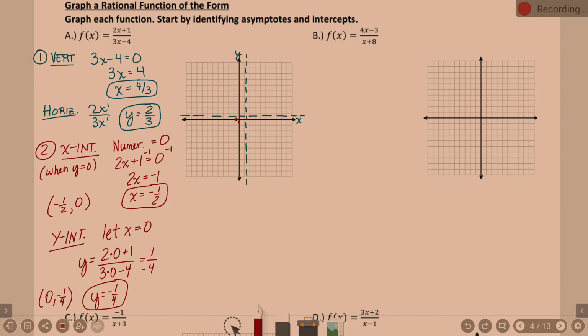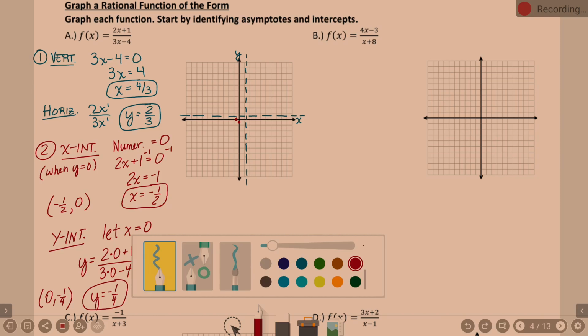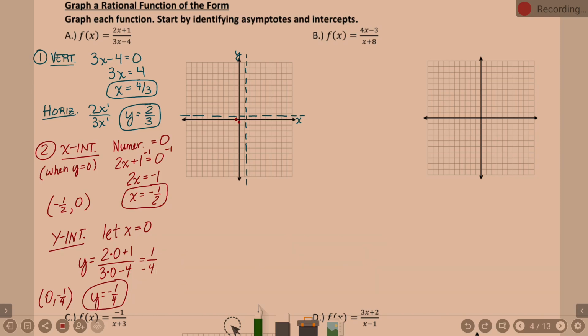Now, what I would say to confirm this is that we maybe check a couple other quick points. So my step 3, and it kind of depends. You may or may not always need step 3. Fair enough? It depends on the situation. So I'm going to suggest we maybe try a couple other points, just if you're feeling a little unsure, because I know some of you gave me that crazy look like, we know enough to graph this?